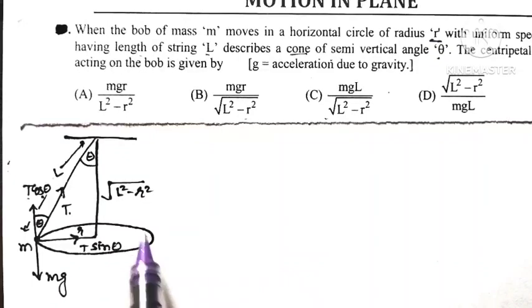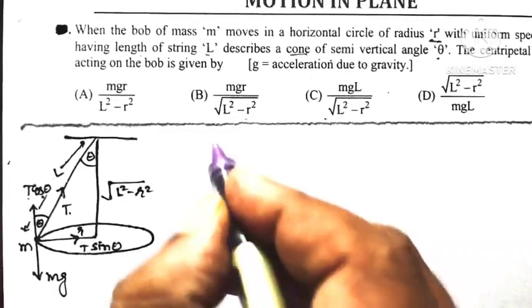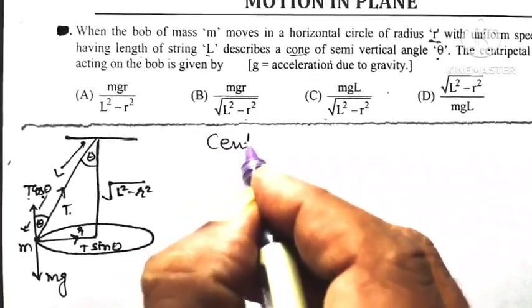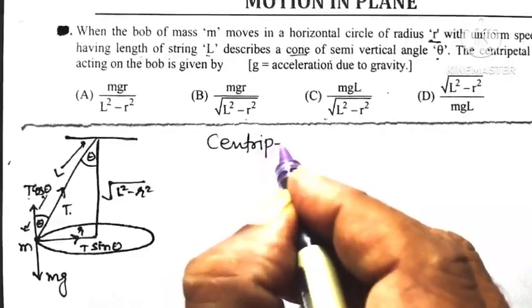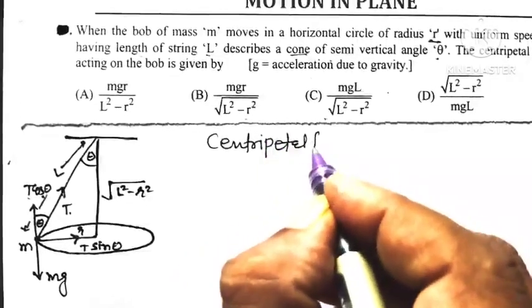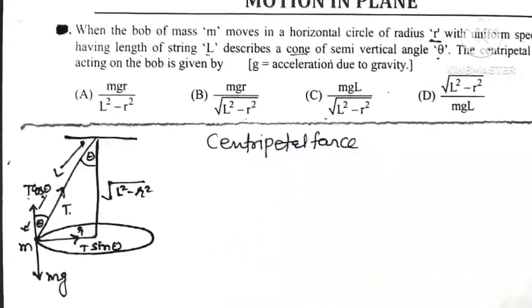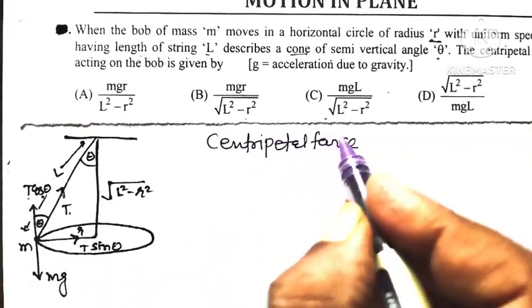Now, in order to perform the circular motion, that body must be acted upon by a centripetal force. And what is a centripetal force? Here, the necessary centripetal force required for circular motion is provided by which component of tension?